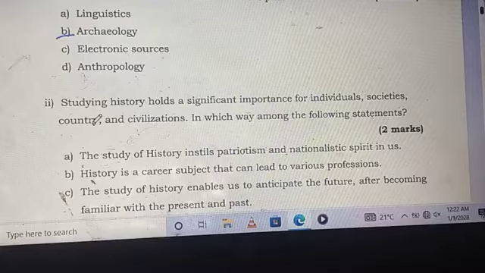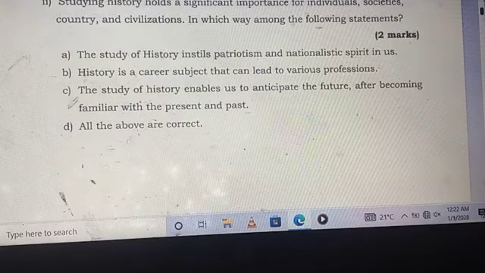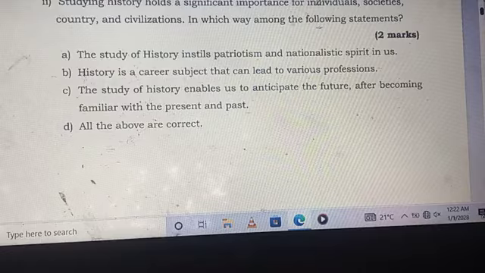II. Studying history holds a significant importance for individuals, societies, countries, and civilizations. In which way among the following statements?